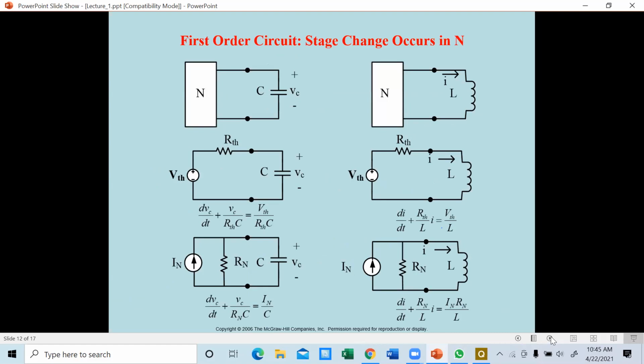And I hope in your electrical circuit course 2, you have been introduced to transient analysis of first order and second order electrical circuits. Usually you have already understood that if we don't have any energy storage element in our electrical circuit, or if we do not have any mass in our mechanical system, the derivative term will never come. So a derivative term or differential equation will result if your system contains some energy storage elements.